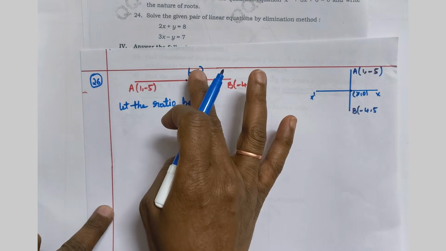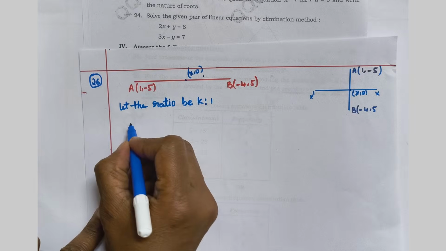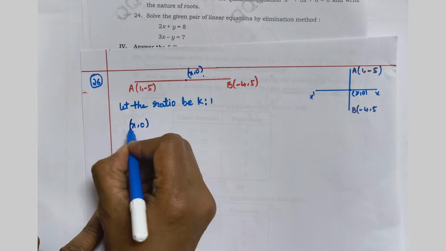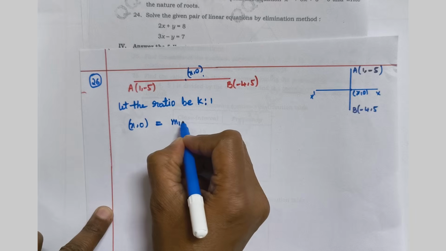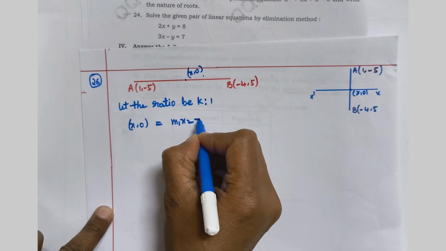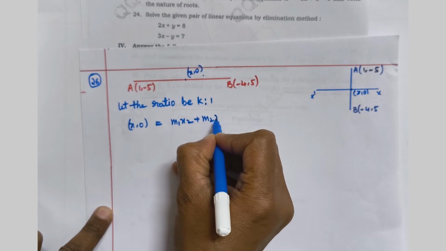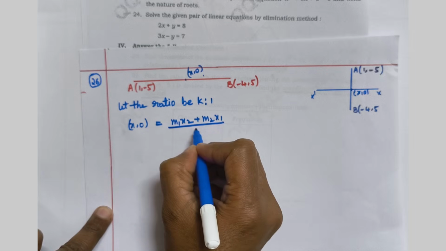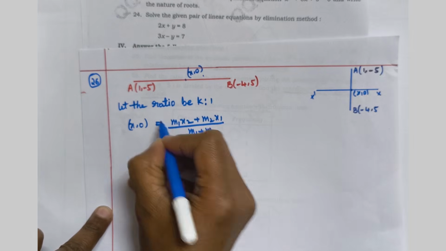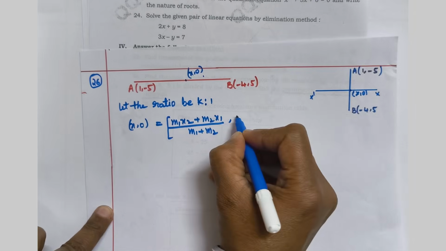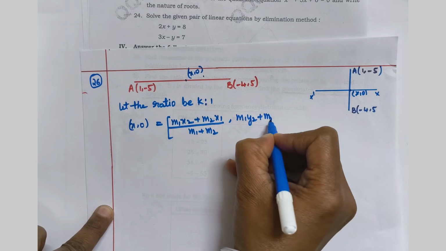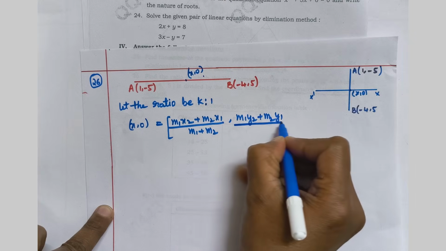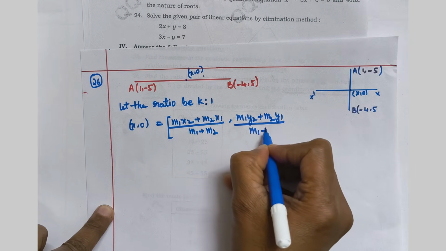To find these coordinates we will use this formula. x is equal to (m1 x2 plus m2 x1) by (m1 plus m2), and y is equal to (m1 y2 plus m2 y1) divided by (m1 plus m2).